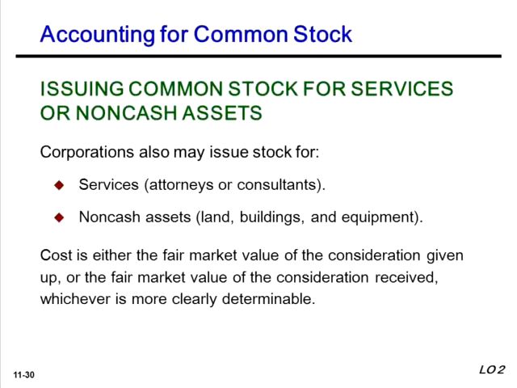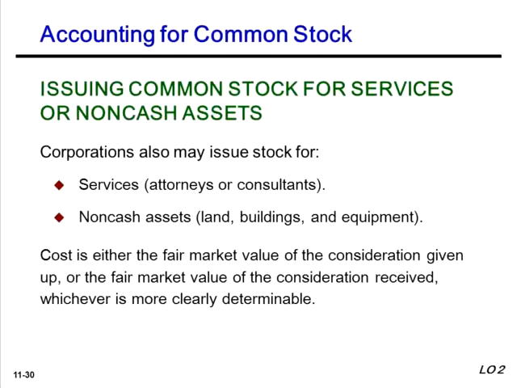So we need to consider some other situations. So issuance of common stock for services or non-cash assets. So corporations may issue stock for services, so for attorney services, consultants, accountants, or for non-cash assets, land, buildings, equipment.